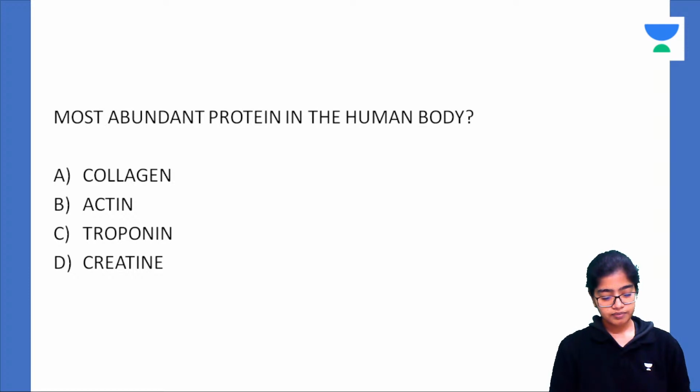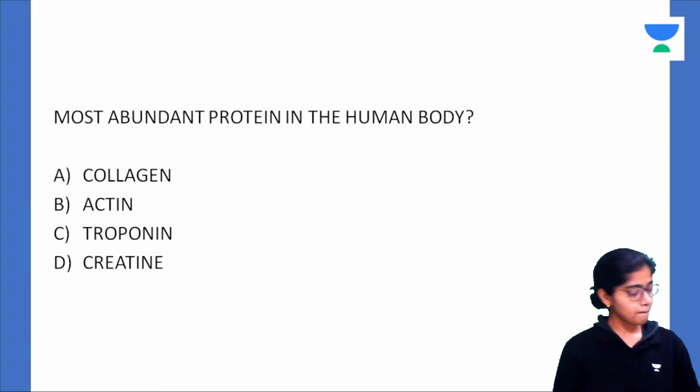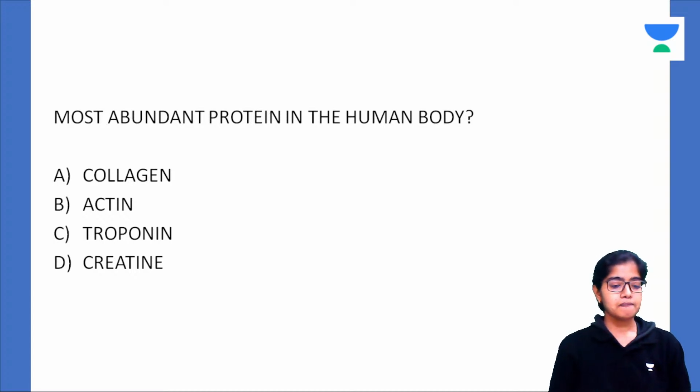Guys, try and answer. I don't see any answers coming in. Come on. Two more minutes and then we discuss the answer. So I'm giving you the most abundant protein in the human body: collagen, troponin, or creatine.